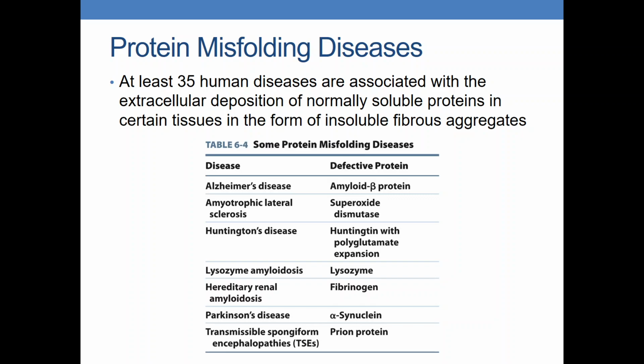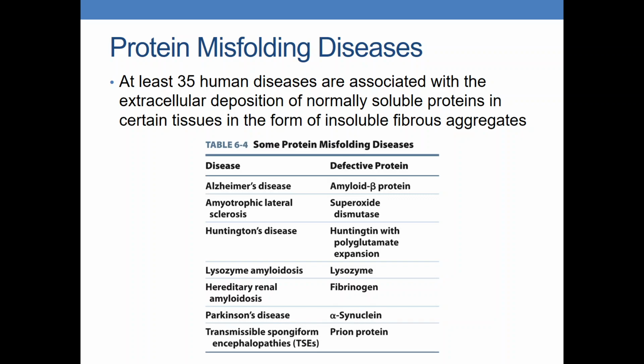So I told you these protein aggregates are typically toxic to cells. What can happen is that they are produced and they wind up aggregating, forming these insoluble plaque materials that lead to disease. Common known protein misfolding diseases include Alzheimer's disease, which involves the aggregation of amyloid beta protein, ALS, Huntington's disease, and Parkinson's disease, alpha-synuclein being the wrongdoer there.